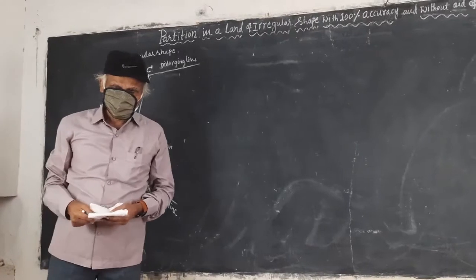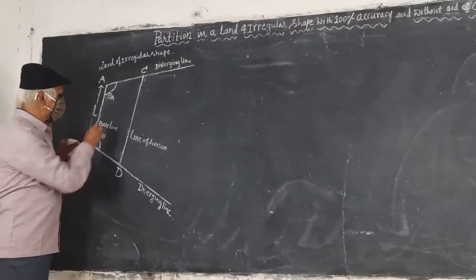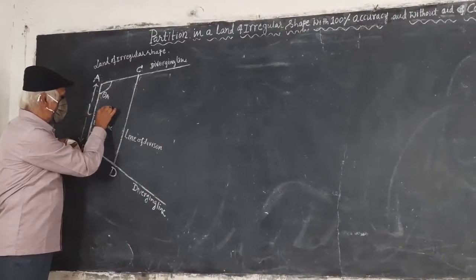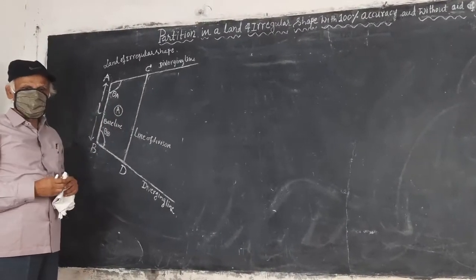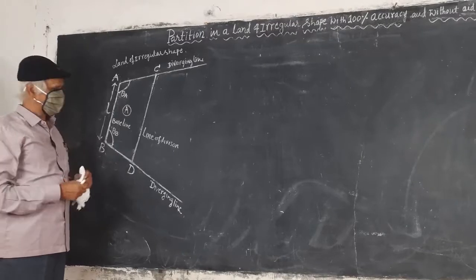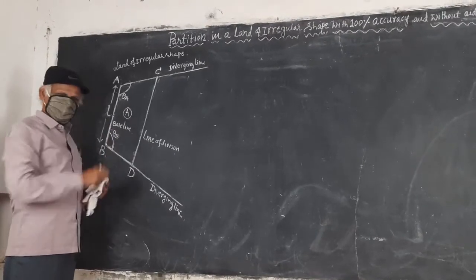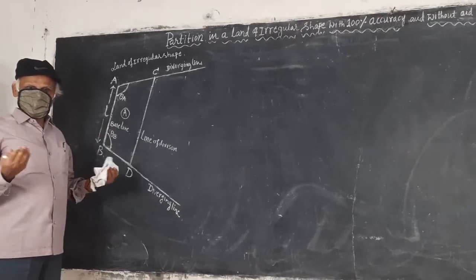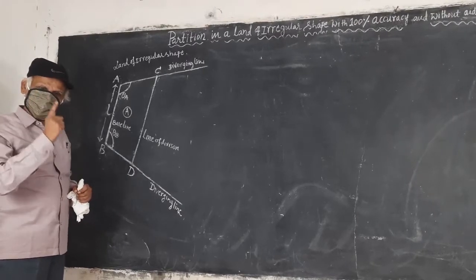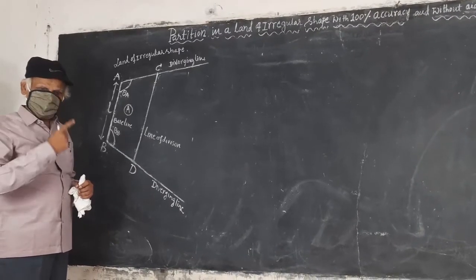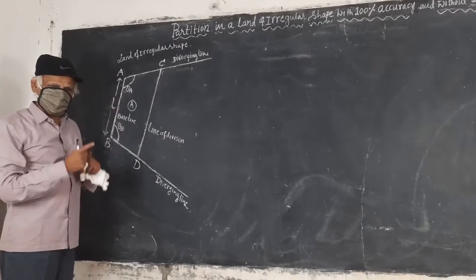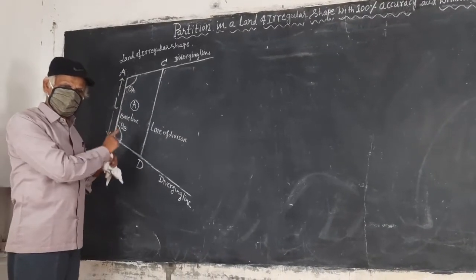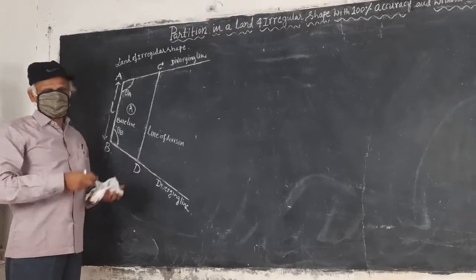Now, for a given area A, let us make a partition or subdivision in this land. For this, one had to find the exact position of line of division which cuts the given partition area exactly.